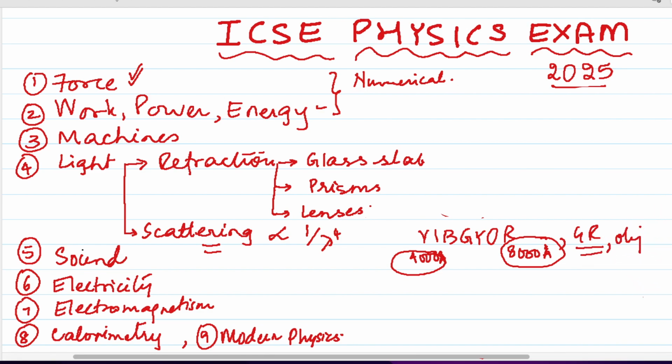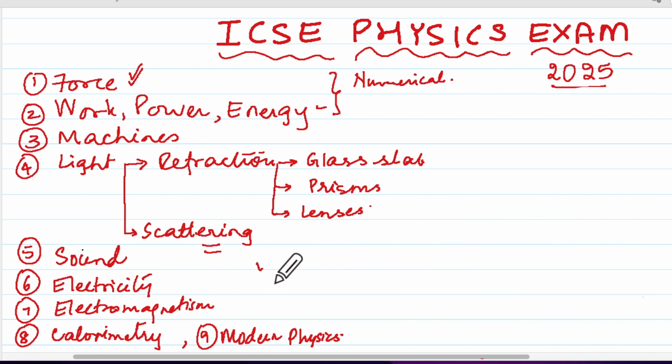Yeah. Then we come to sound. In sound, you have to know your basic longitudinal waves, the transverse waves, and the echo. Most important is the concept of echo. What are the conditions for echo?